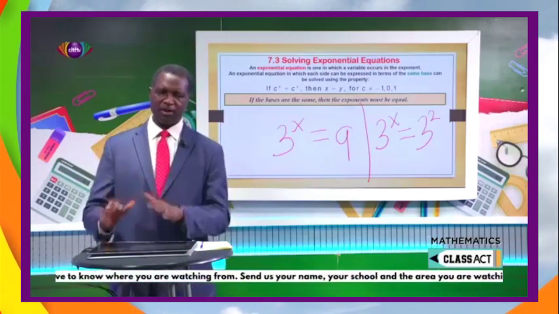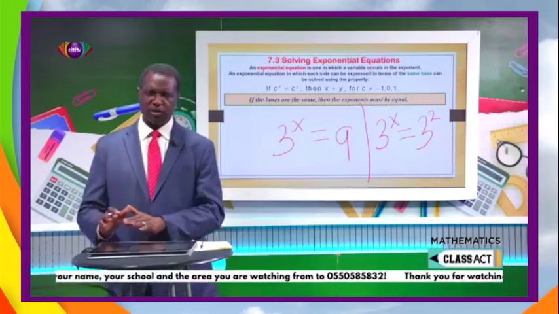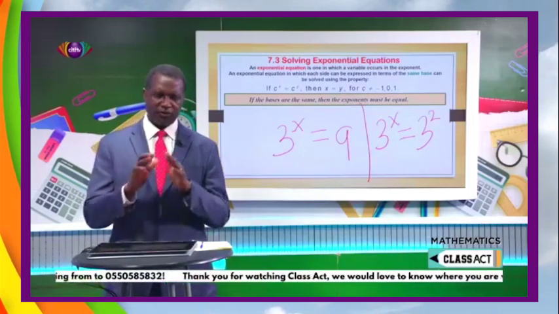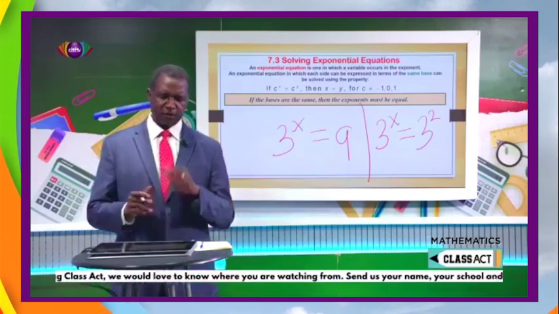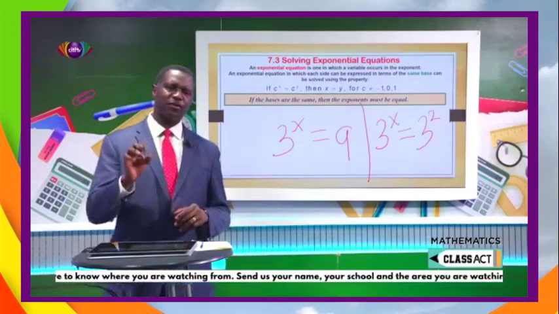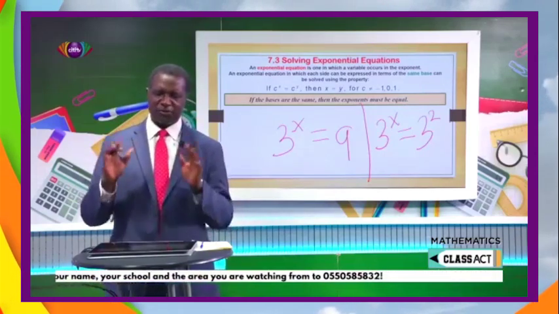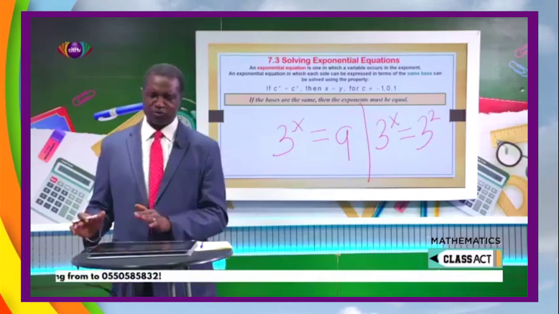Therefore, 2 to the power of 3 is 2 times 2 times 2. 2 times 2 is 4, 4 times 2 is 8. So 2 to the power of 3 is never 6, it is 8.